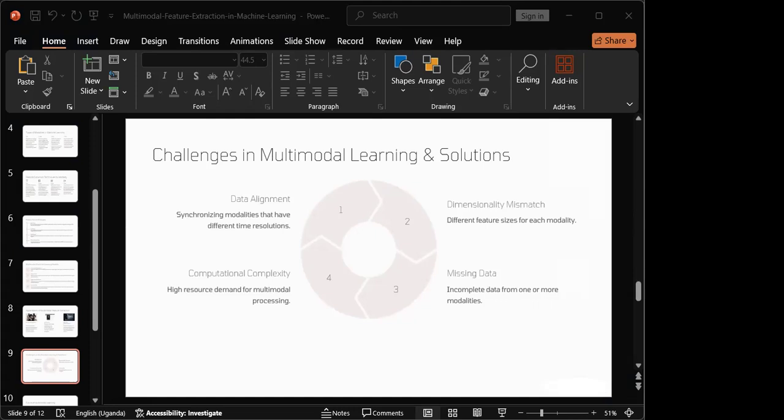Then we can have a fourth problem, computational complexity. High resolution, high resource demand for multimodal processing. Here, multiple modalities can be computationally expensive, especially when you're dealing with high dimensional data or large data sets.